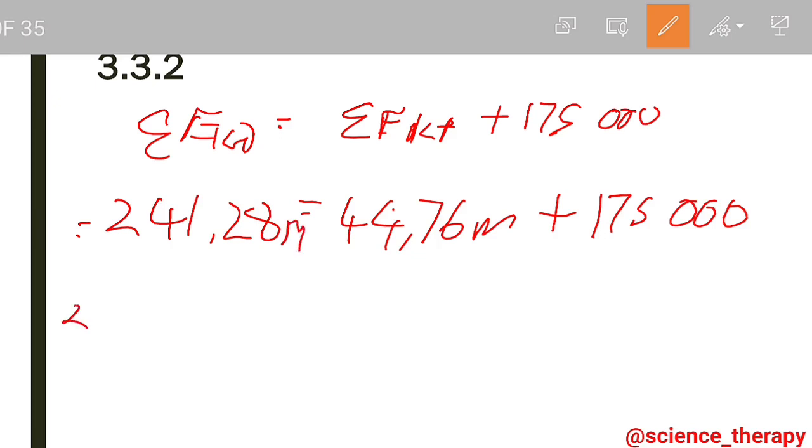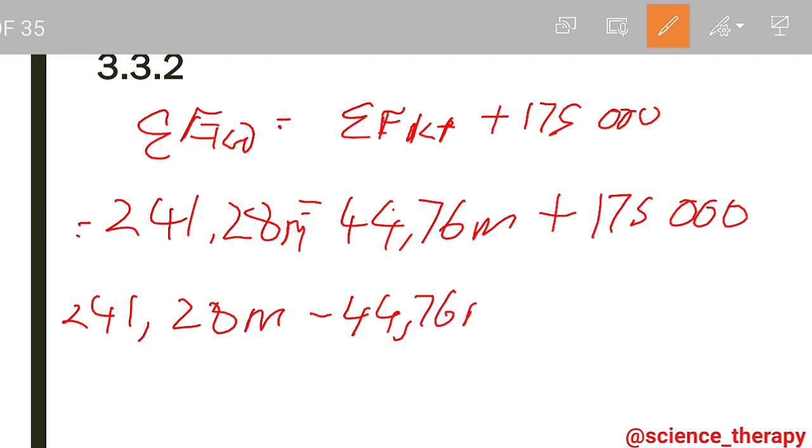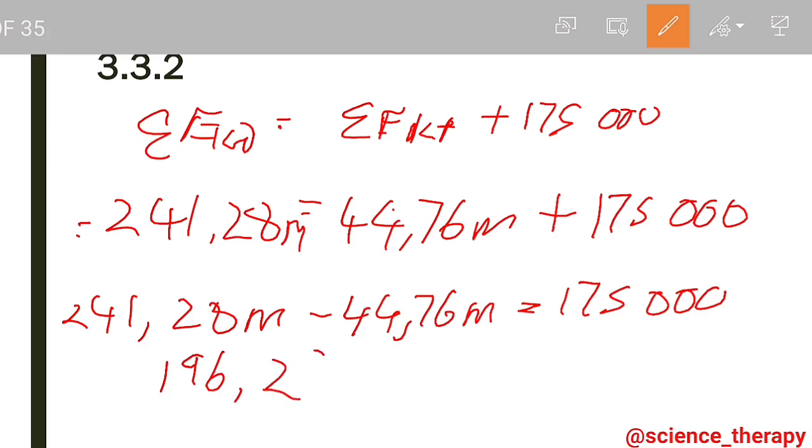Now transposing it this side, we have 241.28 m minus 44.76 m is equals to 175,000, right? Then if you calculate that one, it gives you 196.29 m, which is equals to 175,000.